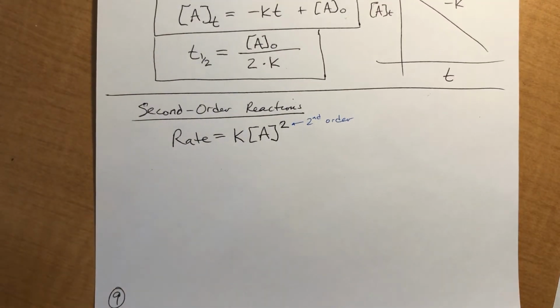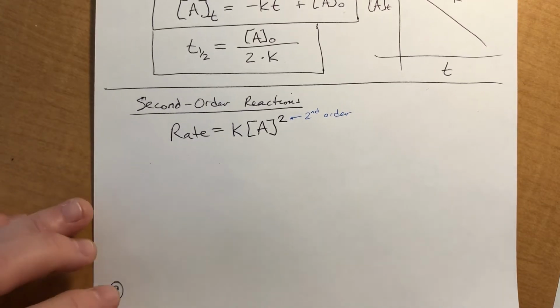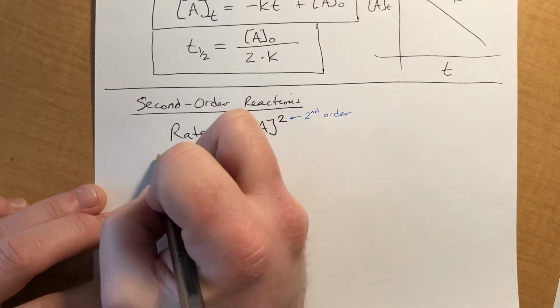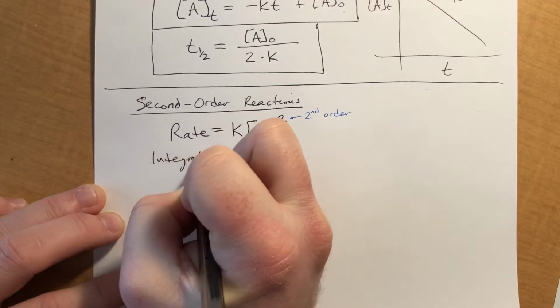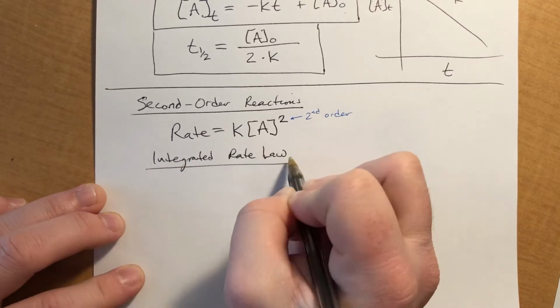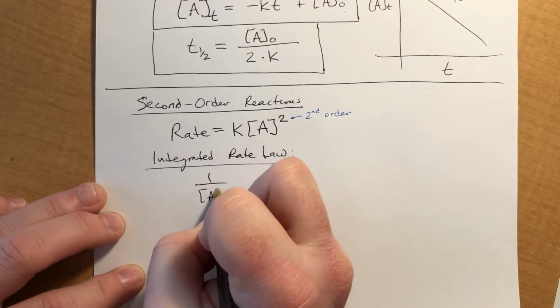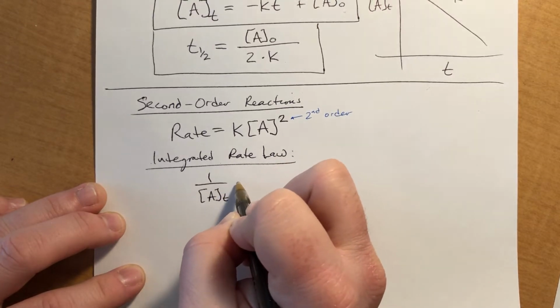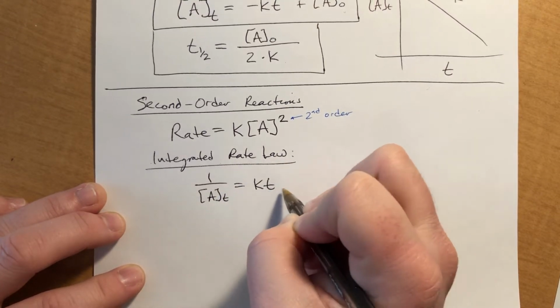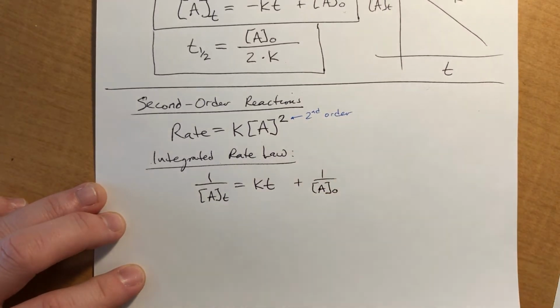Okay, so I'm just going to give you the equations here, and then we'll work through an example and see how to use it. The integrated rate law looks like this. It is 1 over the concentration at time t equals positive kt plus 1 over the concentration at time 0.